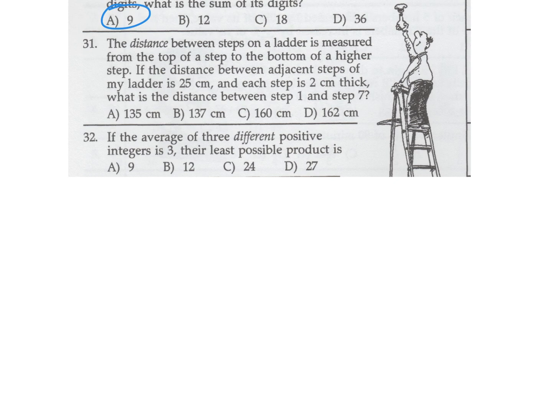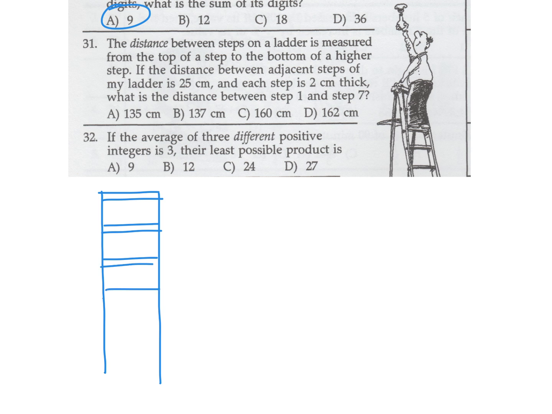The distance between steps on a ladder is measured from the top of a step to the bottom of a higher step. If the distance between adjacent steps of my ladder is 25 and each step is 2 centimeters thick, what is the distance between step 1 and step 7? So let's see here. We have 1, 2, 3, 4, 5, 6, 7. Okay. So what do they want?